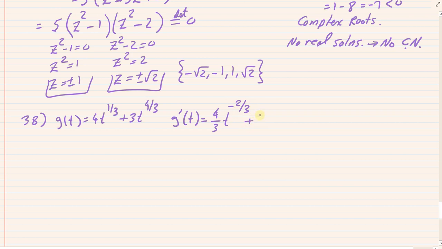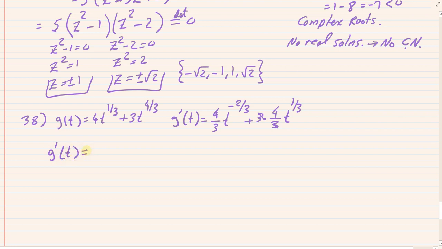That's going to be 3 times 4/3. The 3's cross out. 4/3 minus 1 is 1/3. T to 1/3. Okay. Now, so this is the derivative. Oh, it's very important, by the way, that we simplify these derivatives, okay?